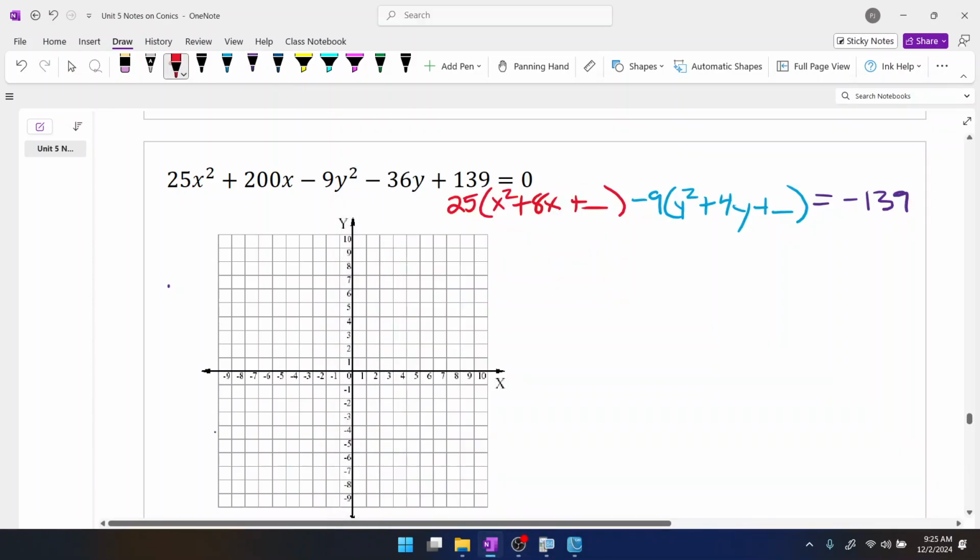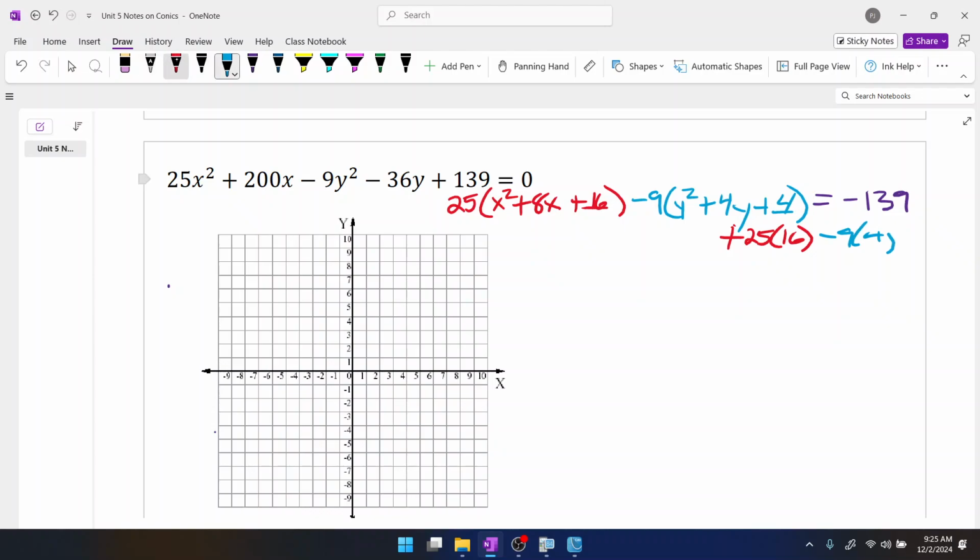All right, so to complete the square on x, we're going to have 16, and for y, we're going to have a 4 here. So you have negative 139 plus 25 times 16, whatever that is, and minus 9 times 4.